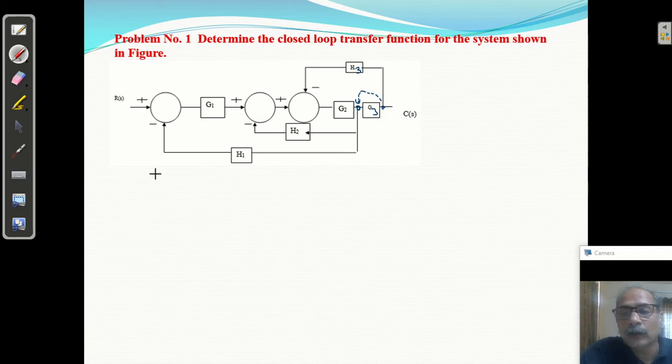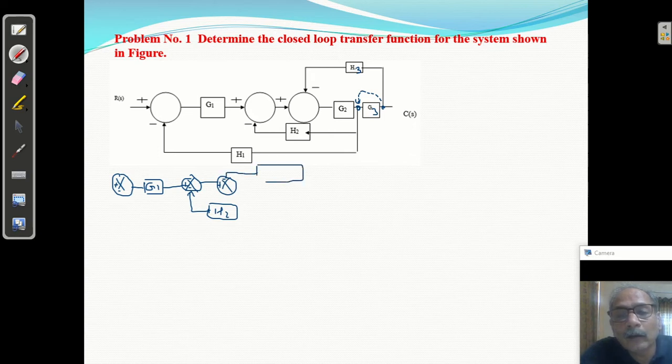Okay, so I am going to draw one more block diagram. Plus, this is minus, G1, plus, this is minus, H2. Here another plus, minus.